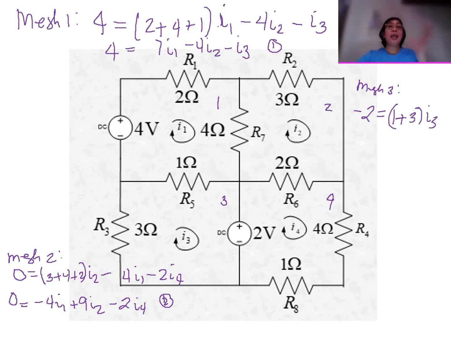Okay? And then we only have one mutual resistance here. That is your I1, which is connected at mesh number 1 also. So we will treat that as negative. So minus I1. Okay? So simplifying this equation, we have minus 2 is equal to minus I1 plus 4 I3.